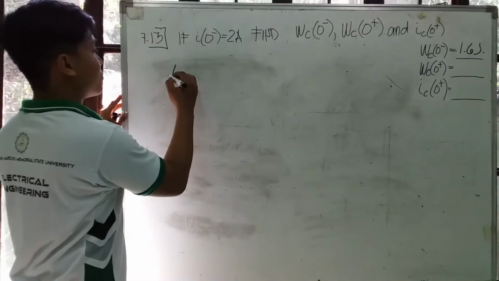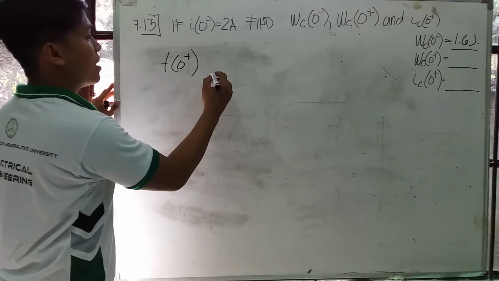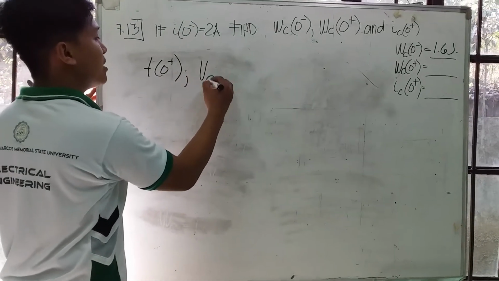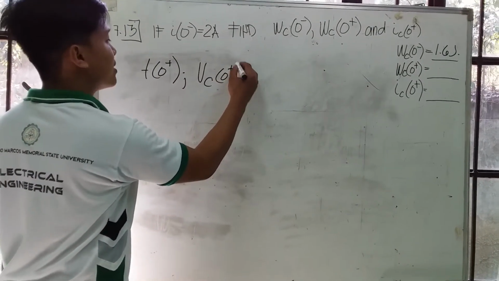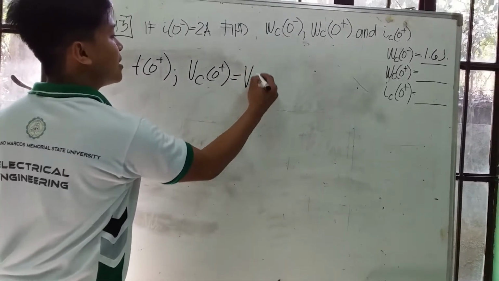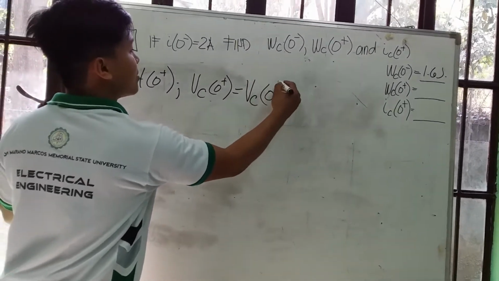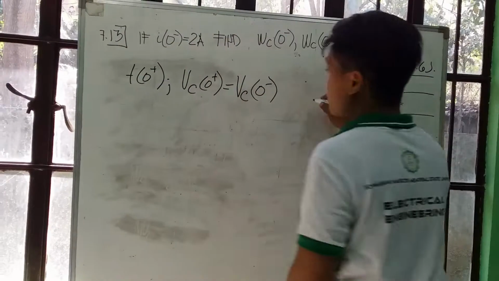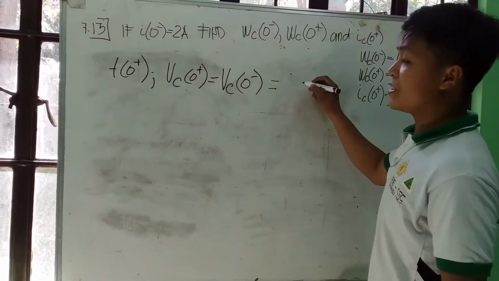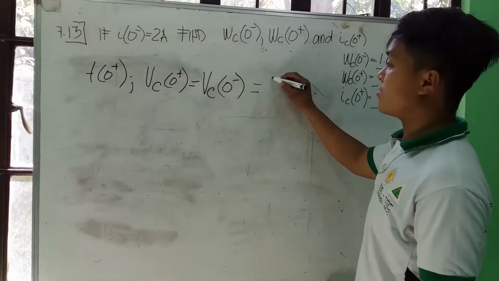For time t equals 0 positive, our VC at time t equals 0 positive equals VC at 0 negative. So, our VC at time t equals 0 positive equals 8 volts.